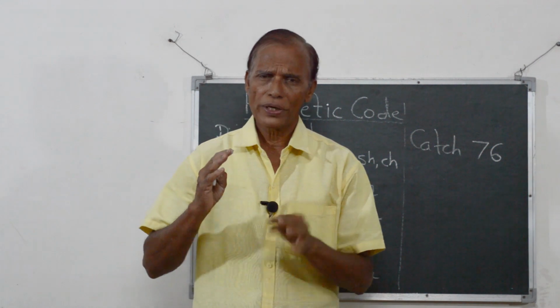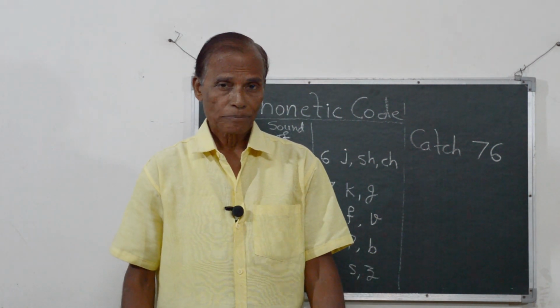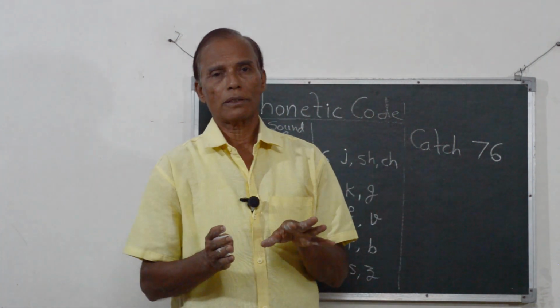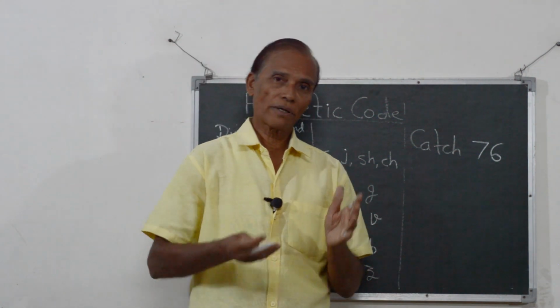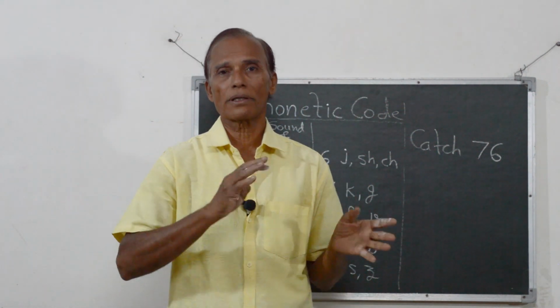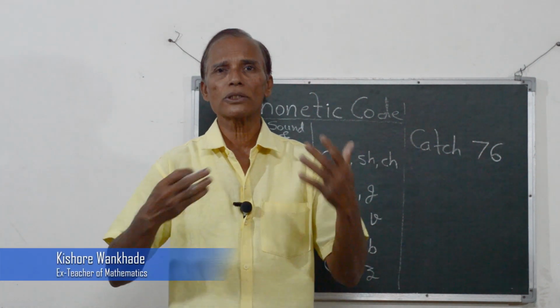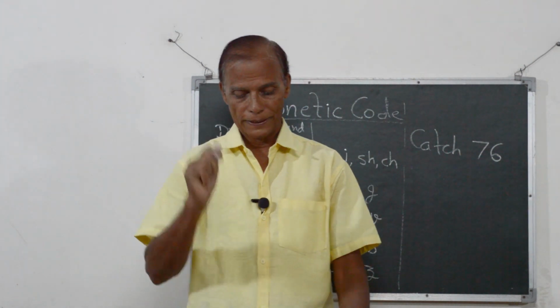So this is a very interesting part of this text phonetic code, that while converting text to number, there is only a single choice. But when we convert digits or numbers to text, we have different choices. We can freely use different words so that we get a meaningful story.